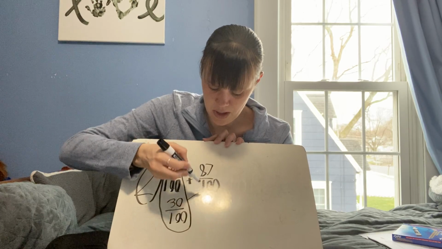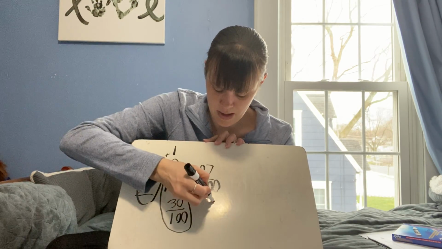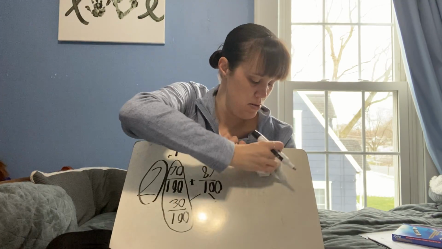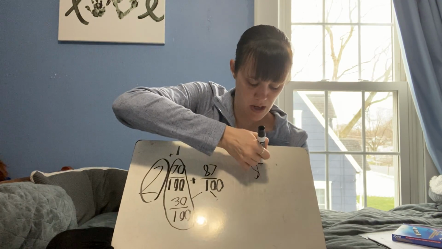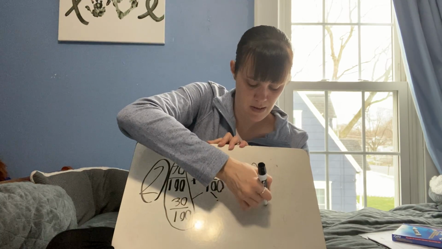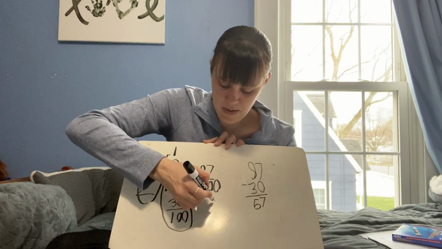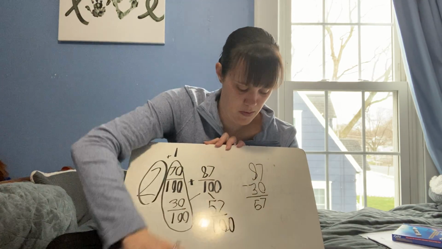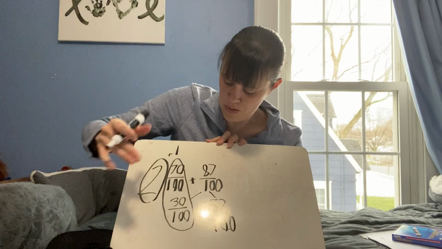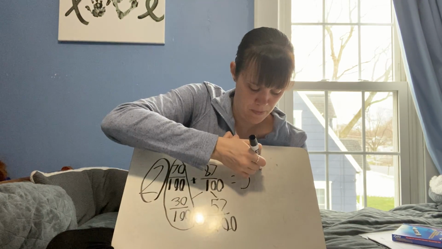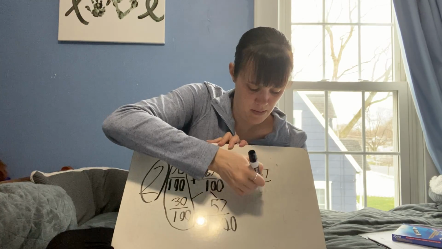And if I take 30 from 87, I'm left with, you could go off to the side if you need to. That's not really how you do it, but I bet you already knew. It was 57. So 2 plus 1 is 3 and 57 hundredths.